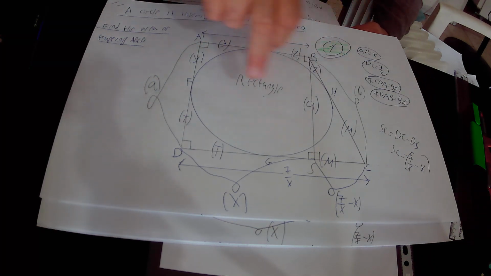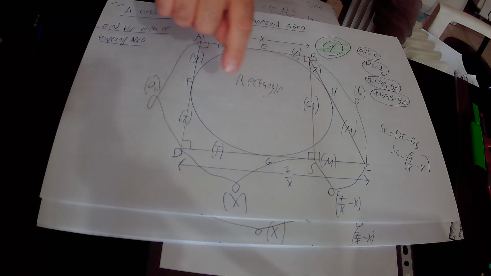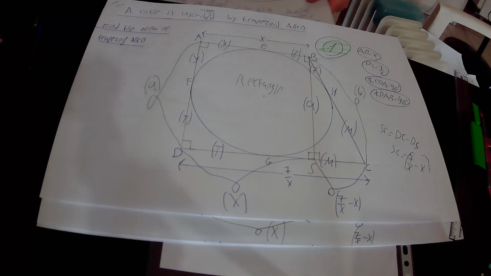The area of this trapezoid ABCD, according to the formula that I presented to you in the beginning of the lecture, equals the sum of its two bases times the height over 2, and the two bases are parallel to each other.